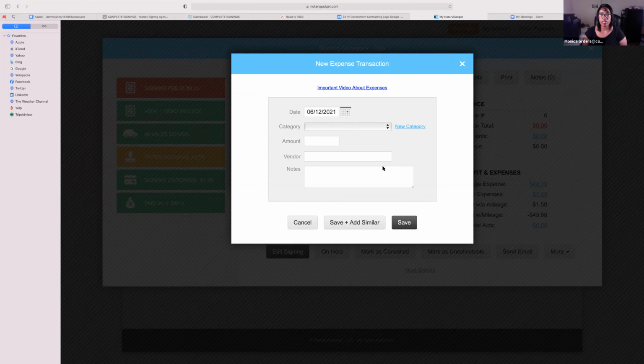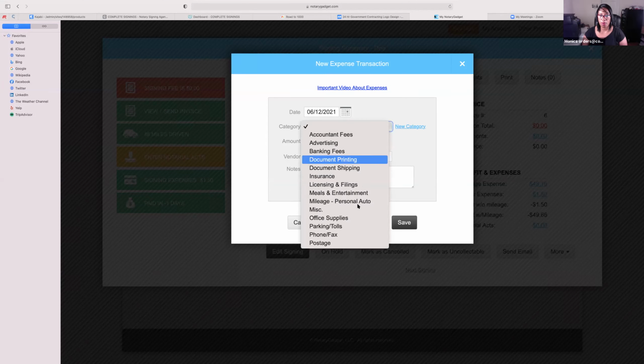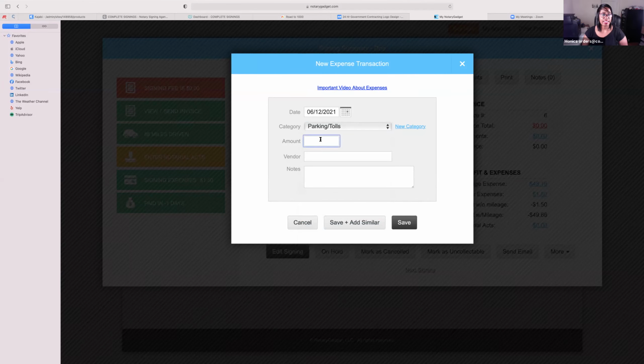Okay, so here's what we'll do with that. We'll call this parking. And in most cases, it's probably going to be no more than maybe $5. It could be a lot more depending on how long you're there. So no more than $5 to $10 is what I would put into my standard pricing. Do I have to be exact?